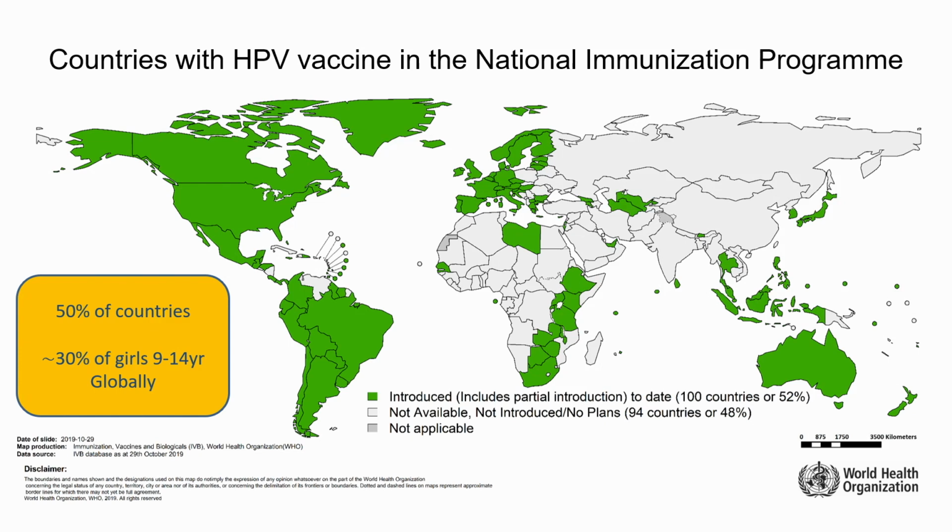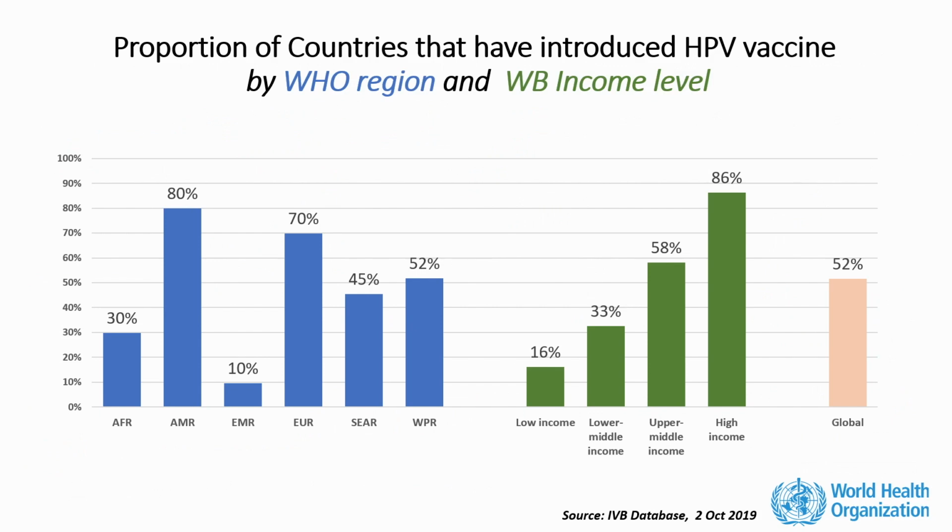But some of the countries that have introduced are the smaller countries. So actually, only about 30% of the population in our target group, 9 to 14, live in countries where the vaccine has been introduced. So at best, we have a global coverage of 30% if all the girls take up the vaccine. That is also not the case, and we'll come back to that.